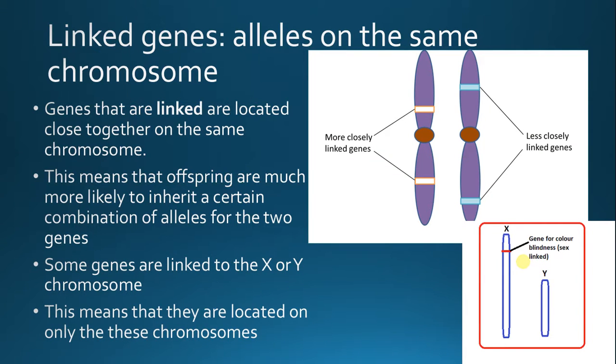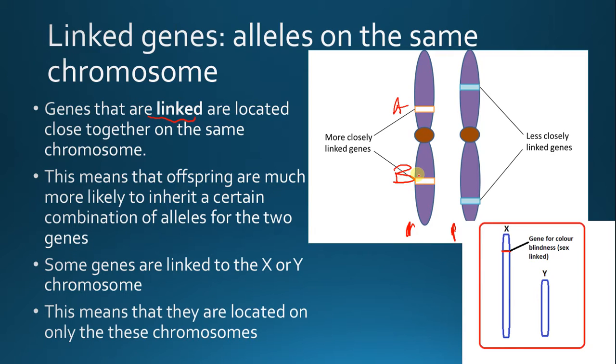So the big thing we're talking about today is linked genes, so alleles on the same chromosome. Genes that are linked are located close together on the same chromosome. So if these are both chromosome 1, both this gene, let's say A, and this gene B are on chromosome 1.